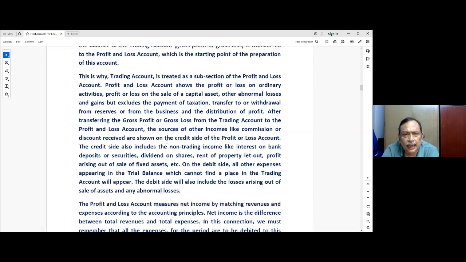After transferring the gross profit or gross loss from the trading account to the profit and loss account, the sources of other incomes like commission or discount received are shown on the credit side.